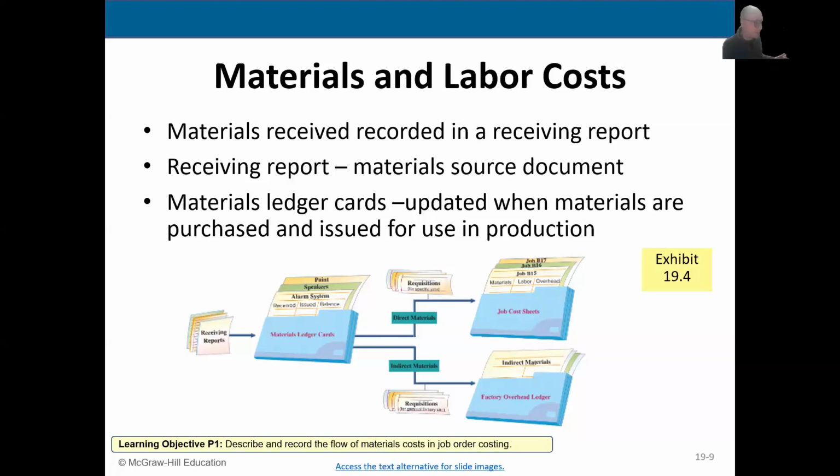And those are my raw materials. I'm sure there's a lot more than that. I'm just trying to keep the example easy. So Toyota will purchase those raw materials from their various distributors and vendors.